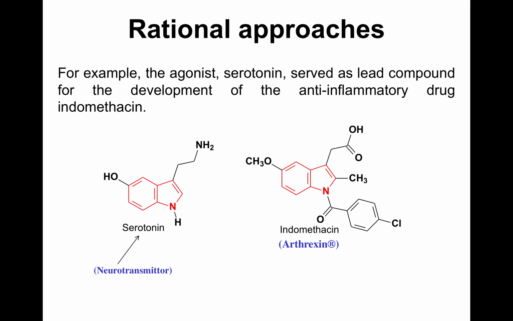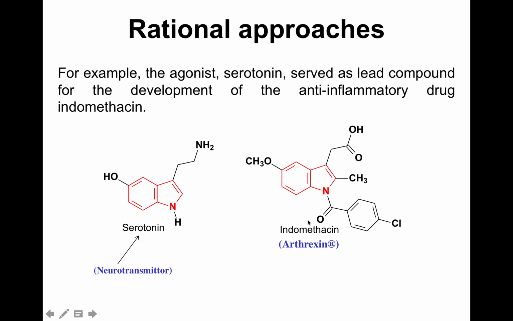So examples of rational approaches, the one is serotonin. Serotonin we know is a neurotransmitter, but serotonin has also shown some anti-inflammatory activity. And what researchers have done, they've identified the indole structure of serotonin, which has anti-inflammatory action, and then they did certain functional group modifications on the indole structure in order to make it more active, as well as to reduce some of the side effects and also improve the pharmacokinetic profile of this indole type of structure.